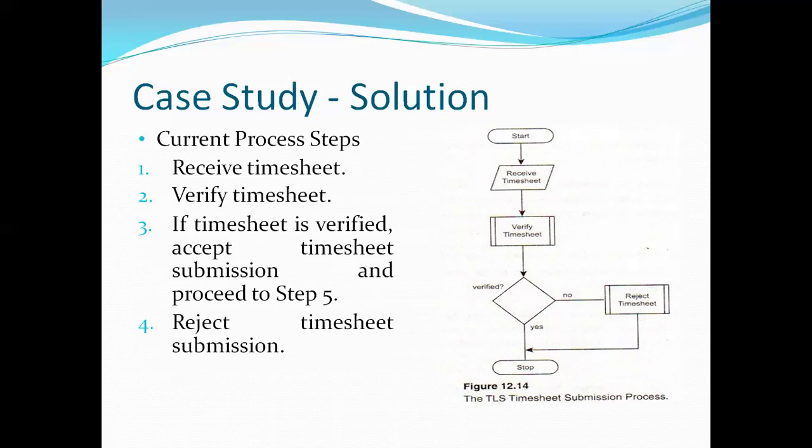So here two tasks are executed by the clerk. The first is verification of the timesheet, and the second is rejection of the timesheet. Let us discuss these steps in detail: how to verify the timesheet and how to reject it.